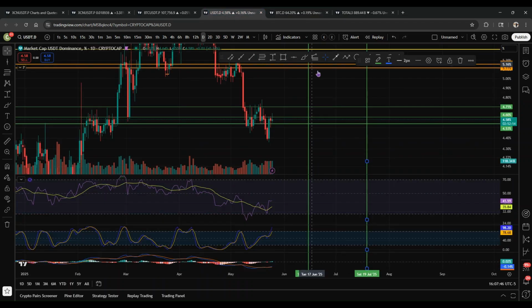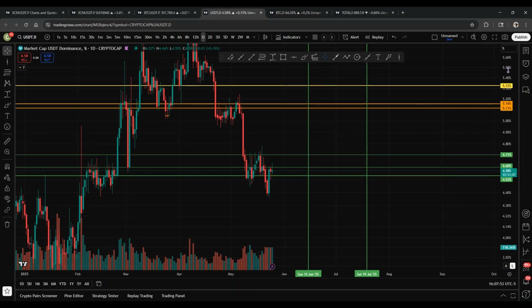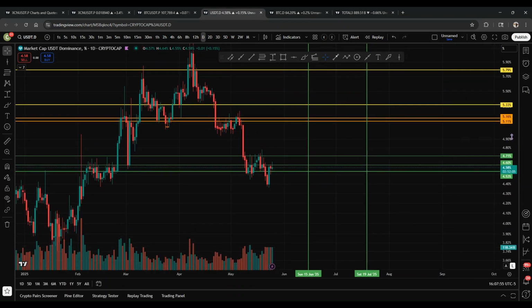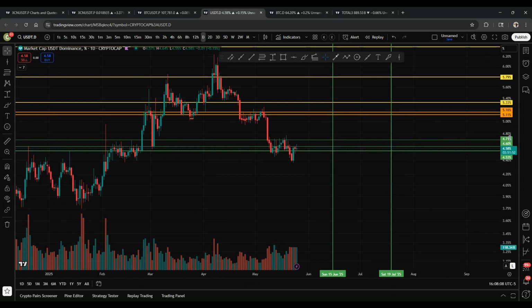So the interesting thing is this is USDT dominance chart. This is on daily. I want you to remember these dates, June 15 and 19th of July. That's where we can see a reversal in USDT dominance.